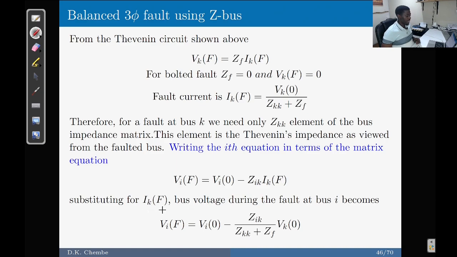If we substitute IKF, which is this component, into this equation, then what we have is ZIK multiplied by VK0 over the sum of the impedances, the self-impedance Zkk at bus K plus the fault impedance ZF.